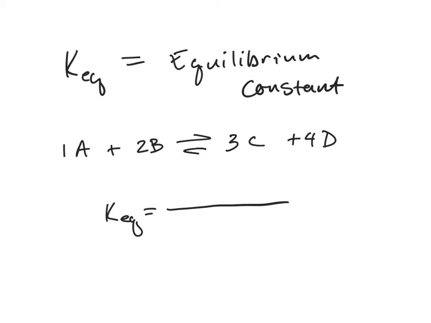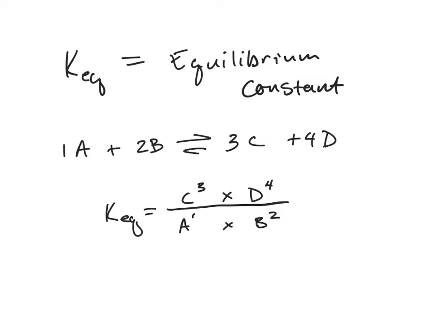We take the concentration of chemical C at equilibrium and raise it to the exponent of its coefficient. Then that is multiplied by the concentration of letter D at equilibrium to the power of its coefficient. And then on the denominator, we have A to the first power times B to the second power. So whatever the coefficient is in the reaction, that functions as the exponent in the K_EQ expression.